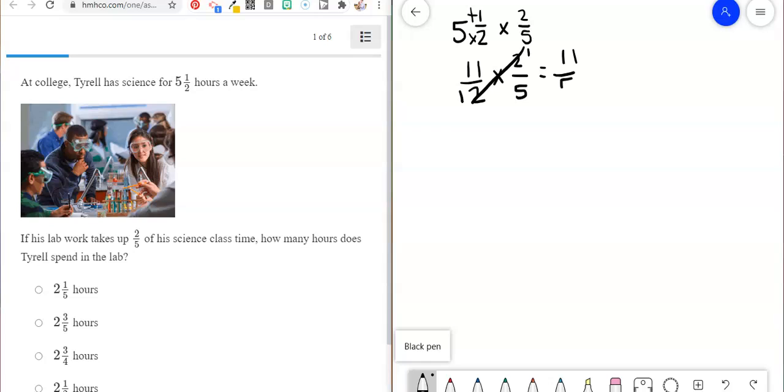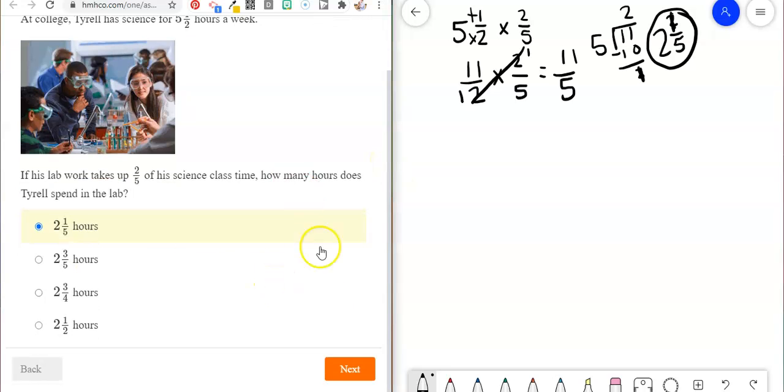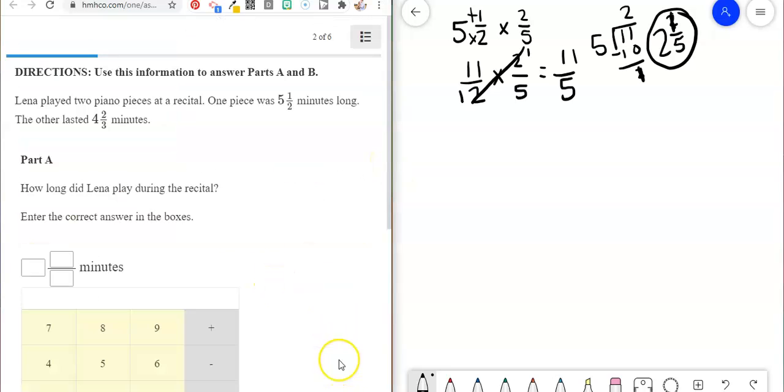I get 11 over 5. And that is going to change into 2 and 2/5. That's my answer. Oh, sorry, 1/5. 1, because 1 minus 0 is 1. Next.